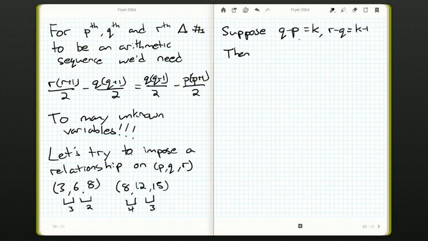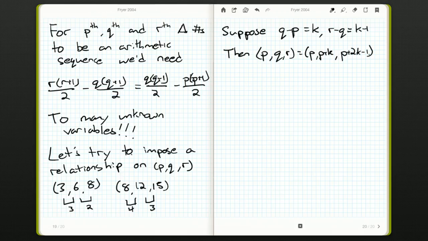So what did we have? Let's just say that whatever the difference between Q and P is, R minus Q is 1 less than that. So then what do we have? We have P, Q, R equal to P, P plus K, and then P plus 2K minus 1.